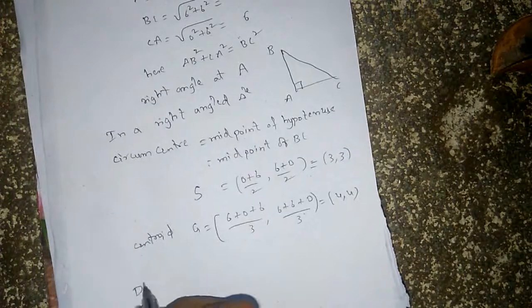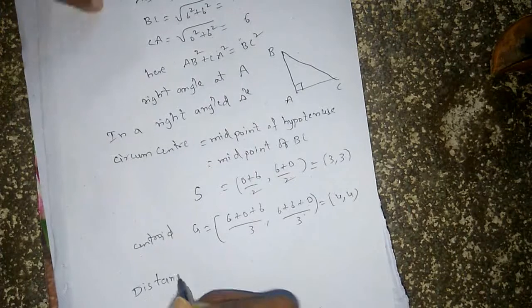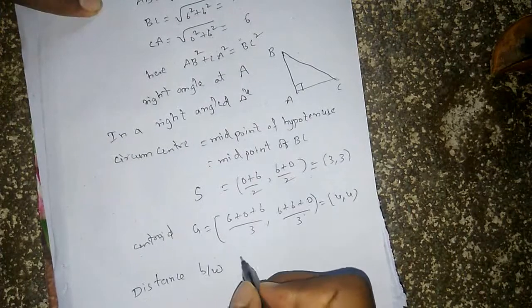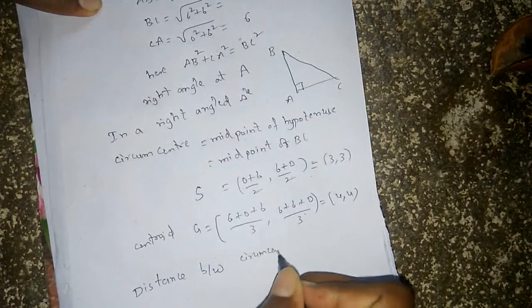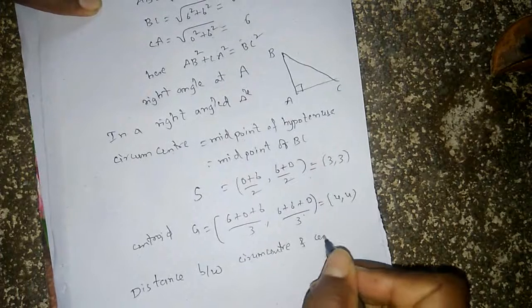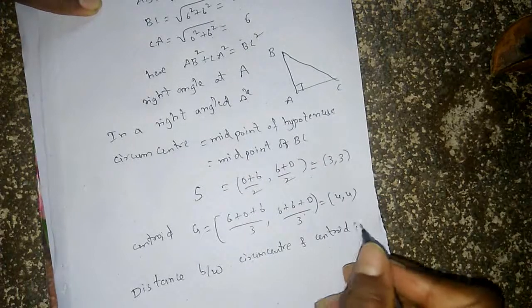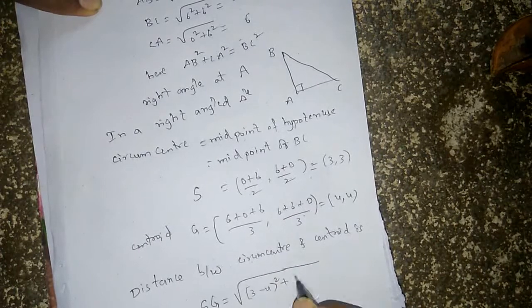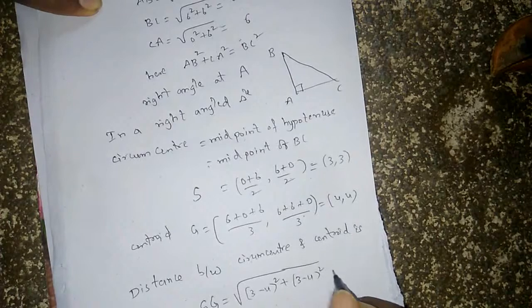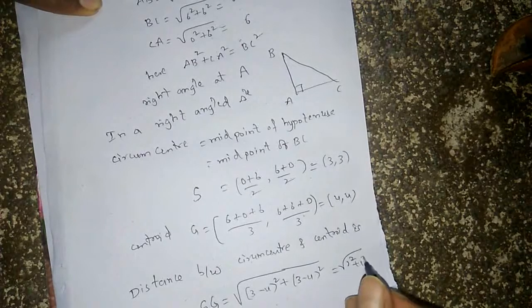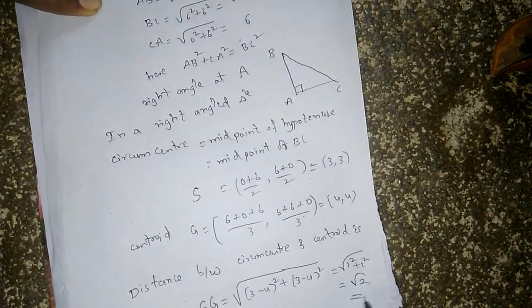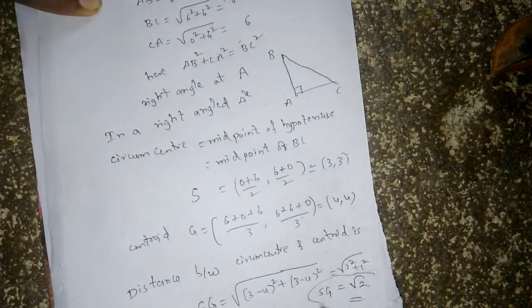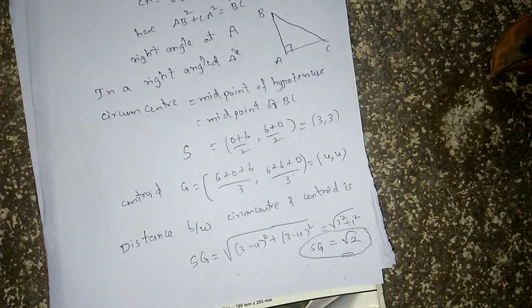Now the distance between the circumcenter and centroid is SG, equal to root of 3 minus 4 square plus 3 minus 4 square, that is root of 1 square plus 1 square, that is equal to root 2. This is the distance between the circumcenter and centroid for the given triangle.